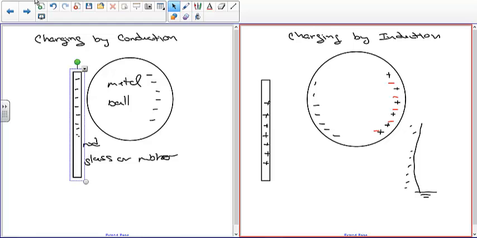The cool thing is that you can actually see the spark go through this insulator, because this is an insulator, but it doesn't mean that charge can't flow through there. It just can't flow through there easily.